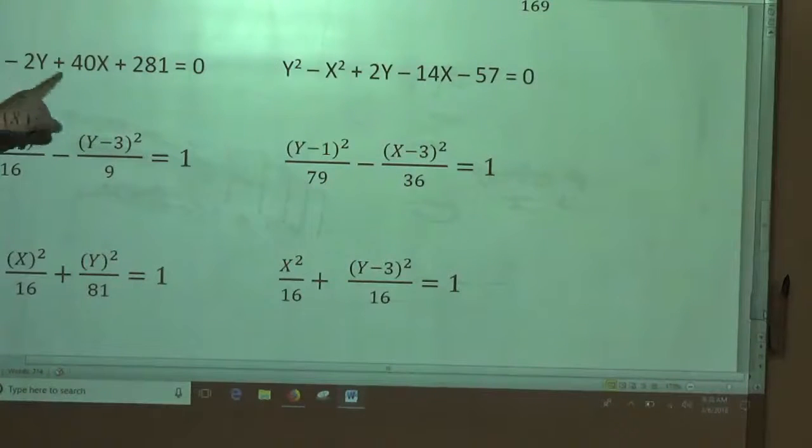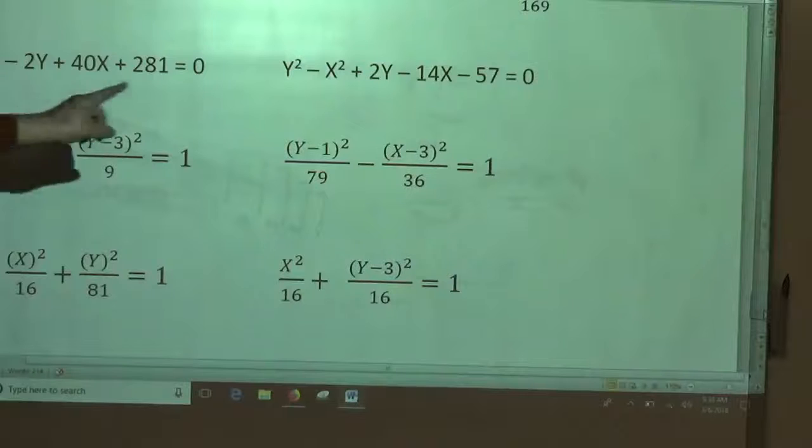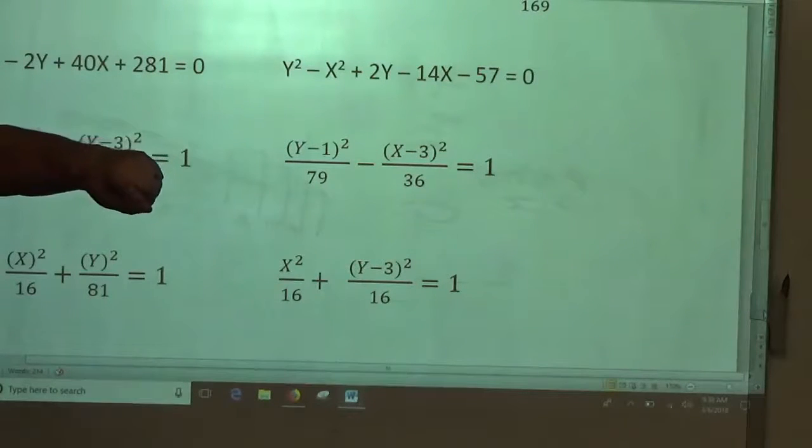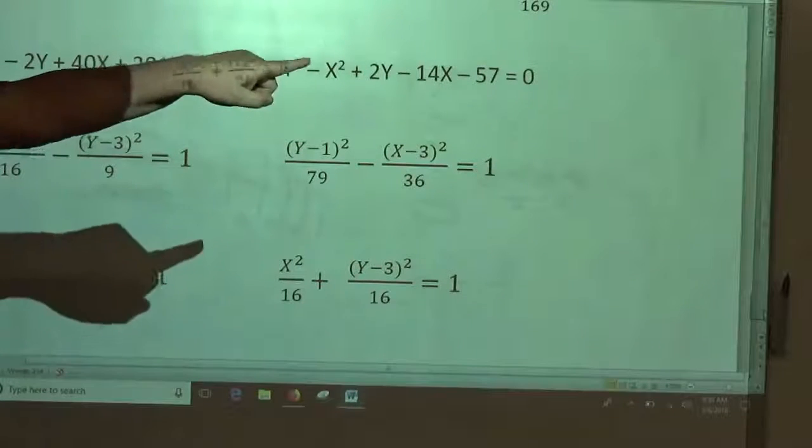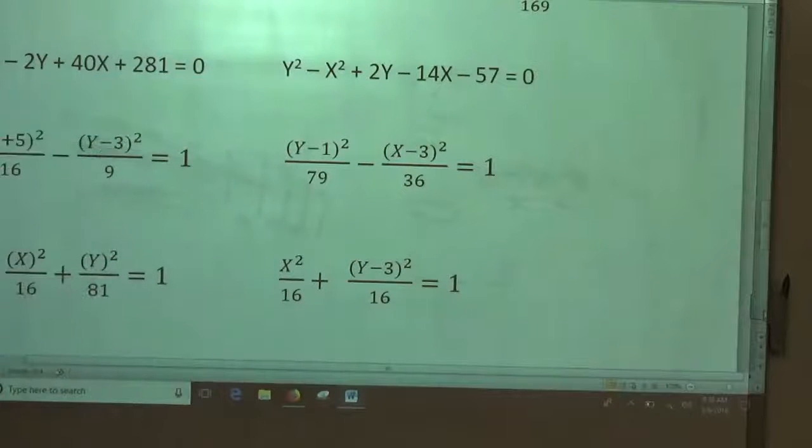So because only one of these is squared, that's a parabola. Now, this one is set up going sideways. Because this is positive, it's going to open to the positive on the x-axis. Normally we see this as x squared and y, because that makes the function.